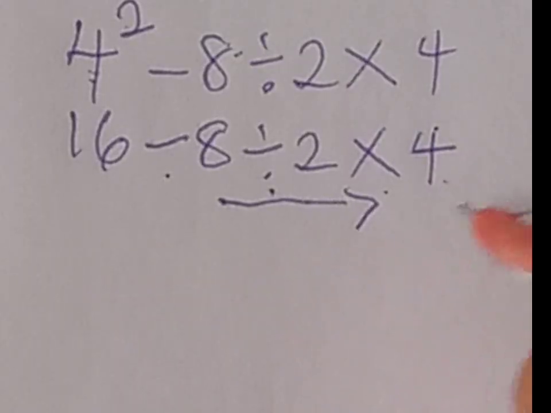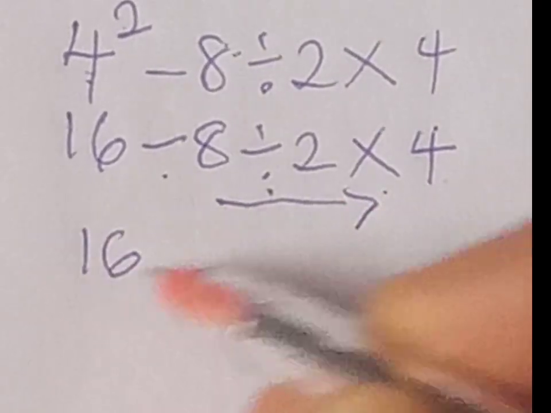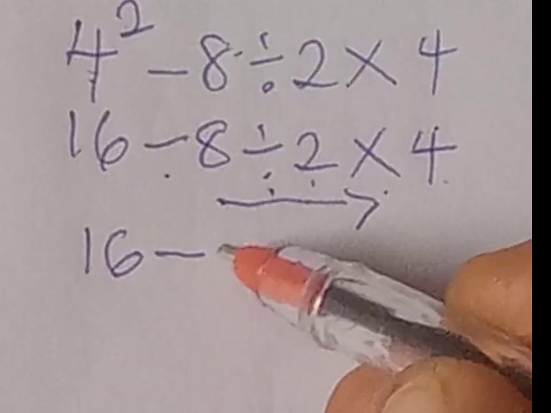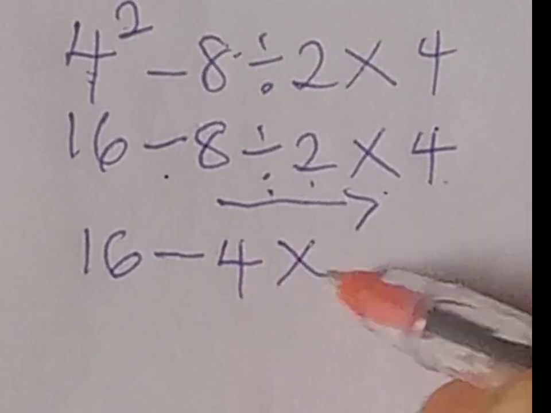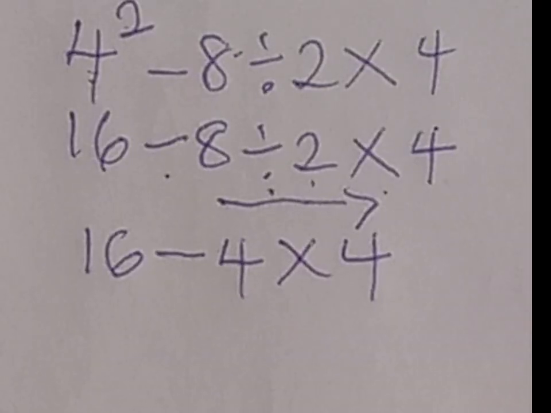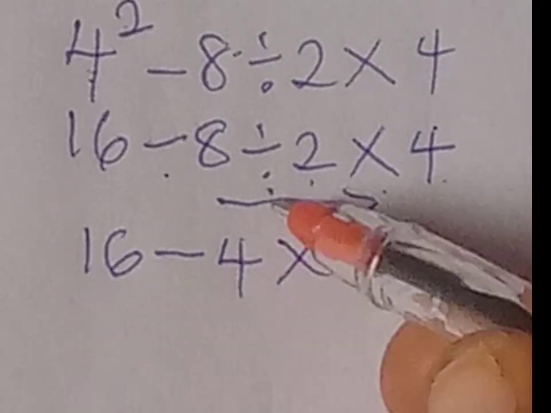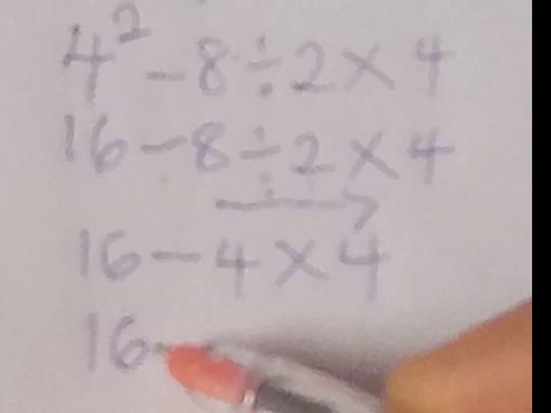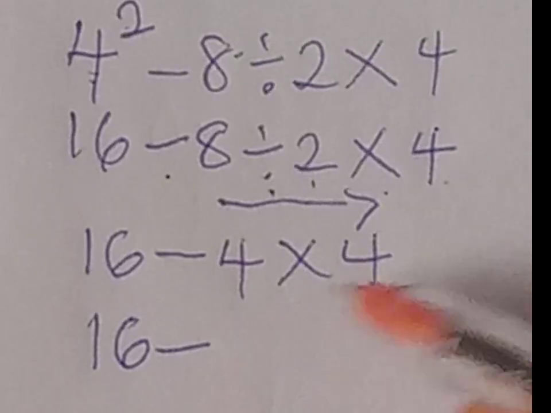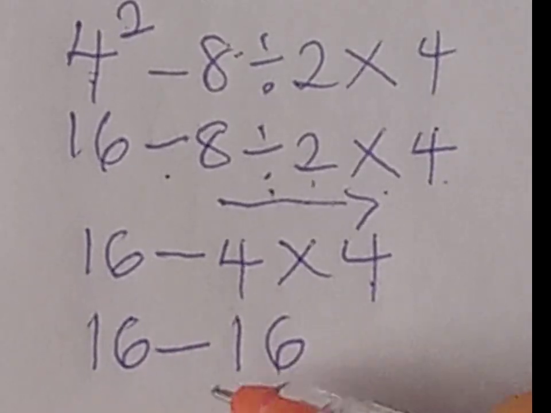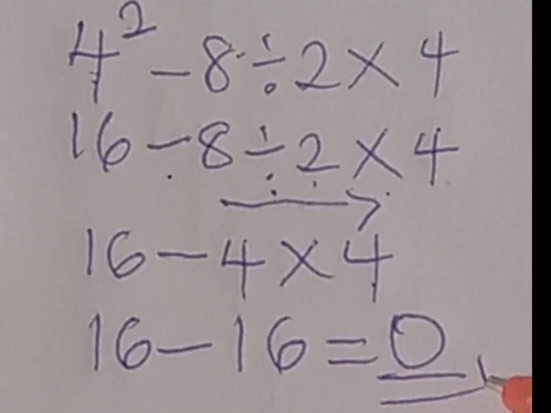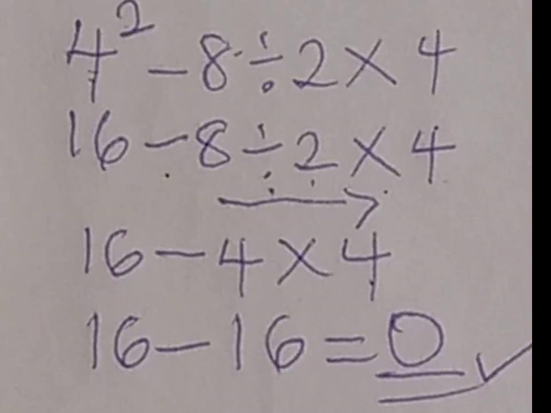Now, our expression becomes what? 16 minus 8 divided by 2 will give us 4, multiplied by 4. Now we are done with the division aspect. We are moving to the multiplication aspect. So our expression becomes 16 minus 4 multiplied by 4, which will give us 16. So 16 minus 16 will give us what? 0. So 0 is our right answer.